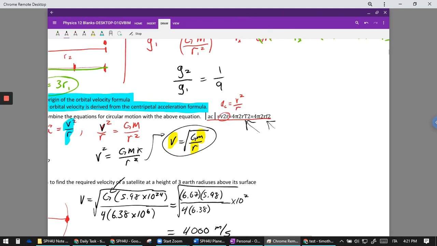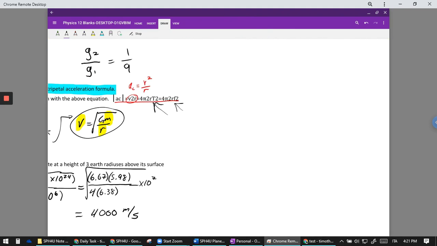I'll do a little bonus scenario. Let's say I want to figure out the orbital period. Don't forget that the centripetal acceleration is equal to the gravitational field strength if you are in a successful orbit. Orbit meaning circle, circular motion, right?